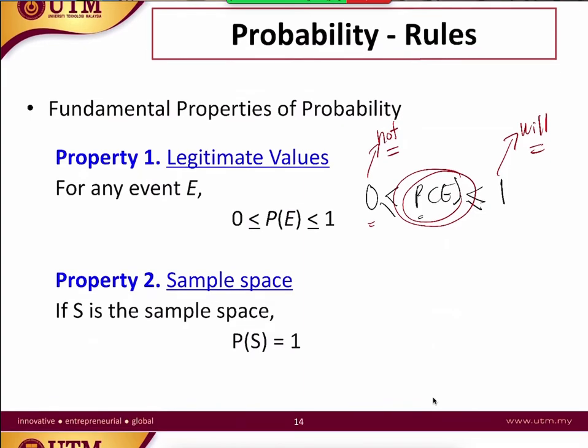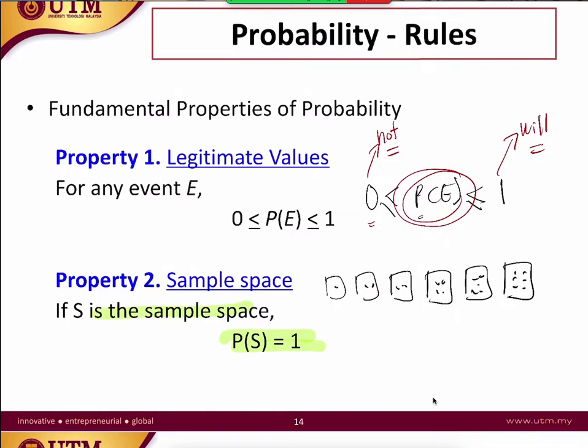The values of the sample space, when you add up all of them, will always give us 1. For example, for our dice having 1, 2, 3, 4, 5, and 6, each has only a 1/6 chance of happening.